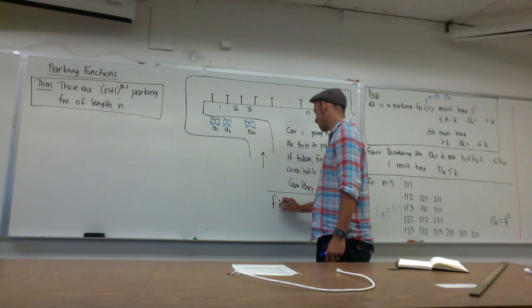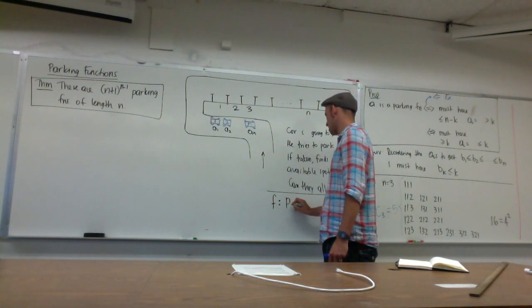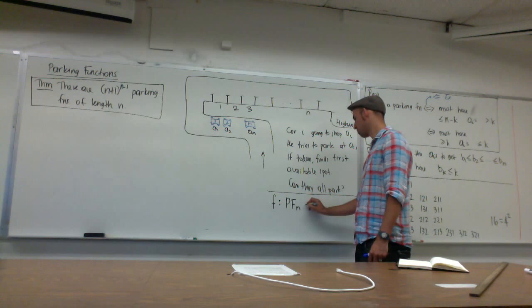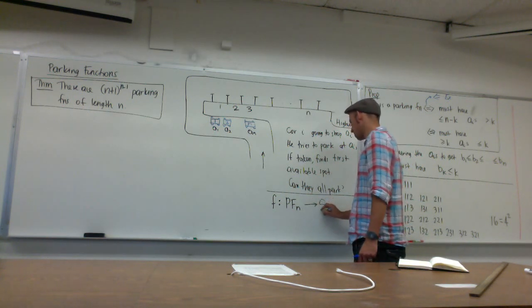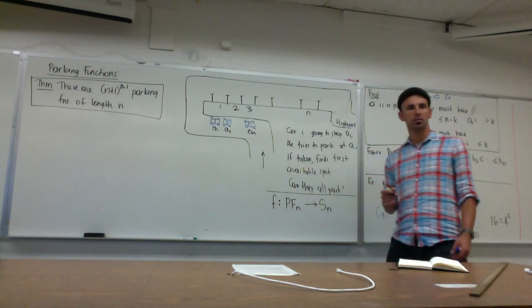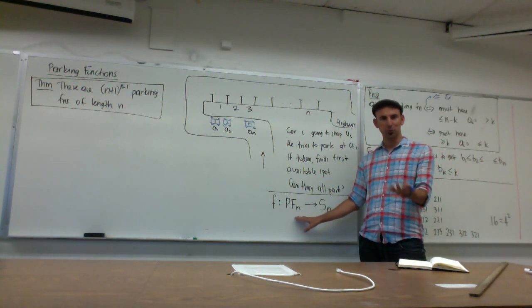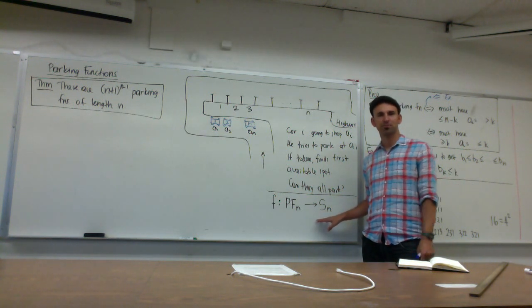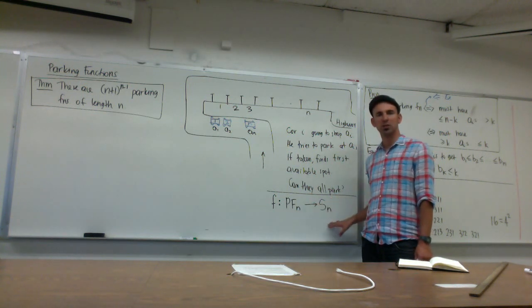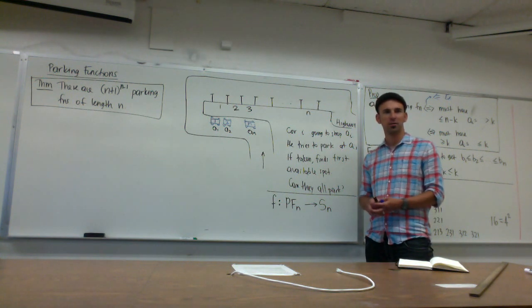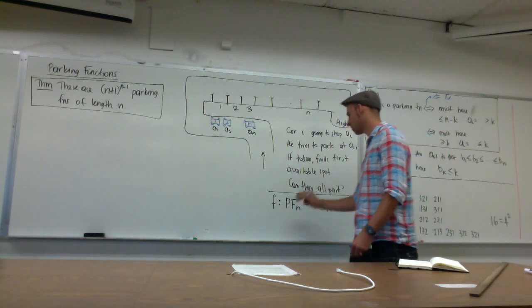We have a function that goes from parking functions of length n to permutations of the cars, right? Because if this is a parking function, if you do get to park, then your parking is going to be a permutation of the cars. For every parking function, you get a permutation of the cars. So what is this map? And what can you say about it? So study it.